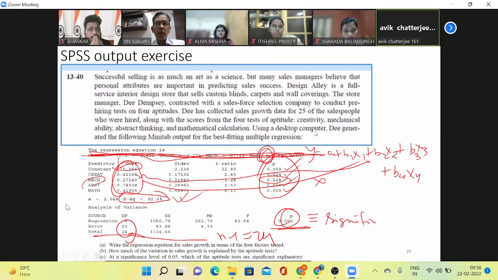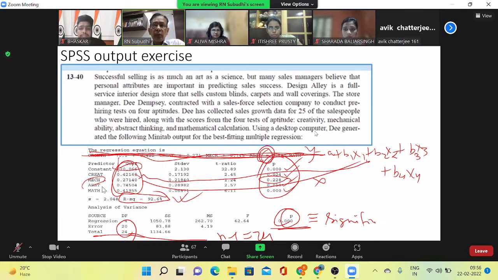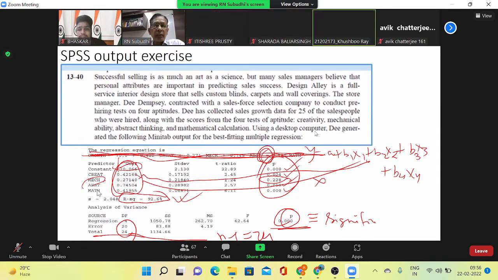Tell me the meaning of the first bit. Successful selling is as much an art as a science. What is the question asking from us? Sir, we have to find how much the result depends on each of the four factors.